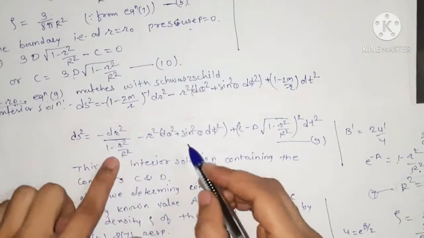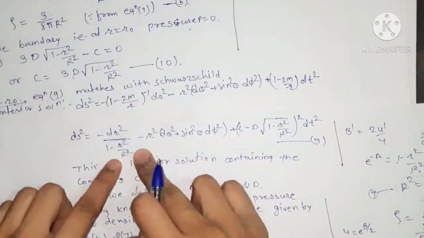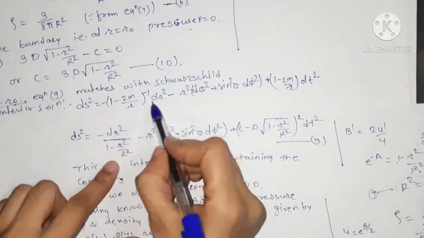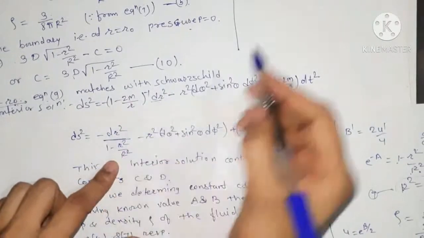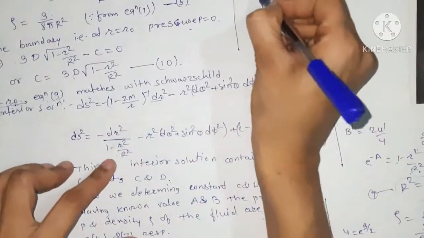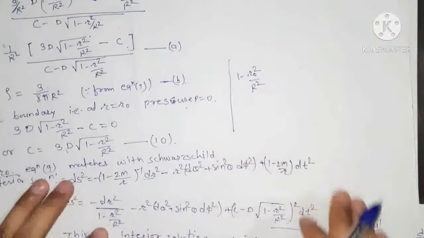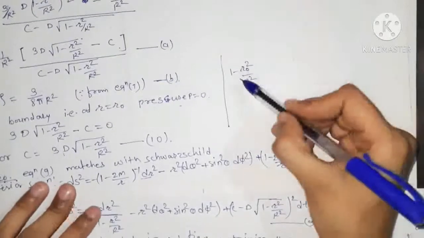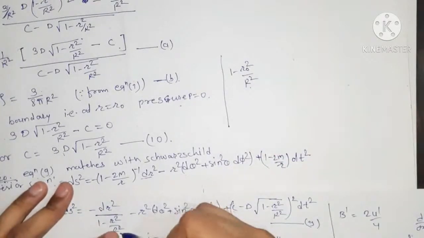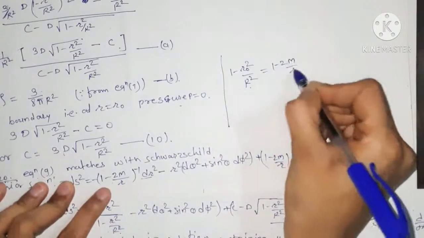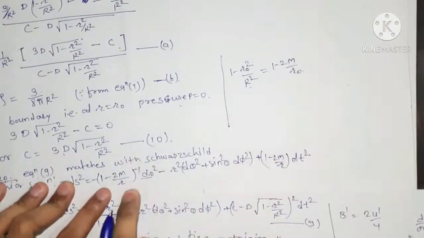So at the boundary these two equations are equal, and we can compare them. Comparing the coefficient of dr square, we get 1 minus r0 square upon r square is equal to 1 minus twice m upon r0, because this is also in the reciprocal.